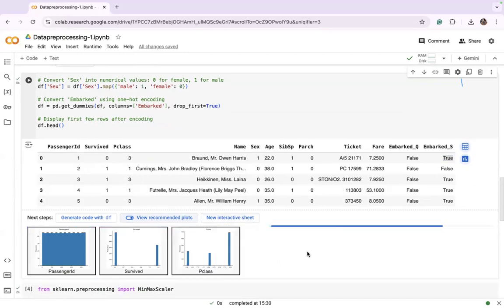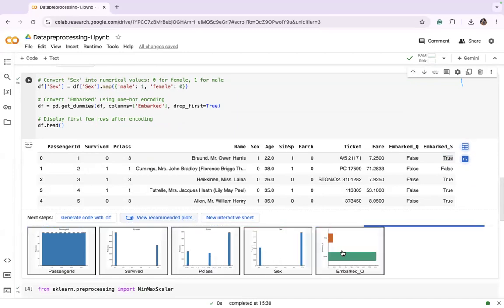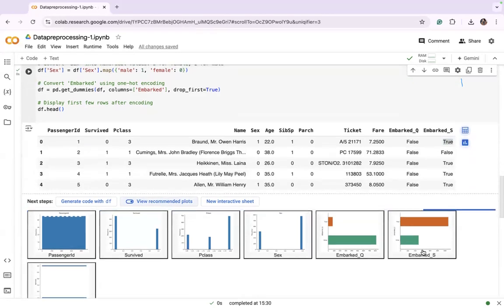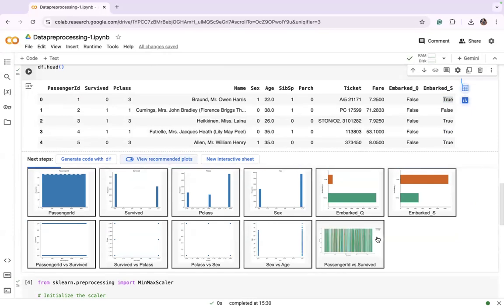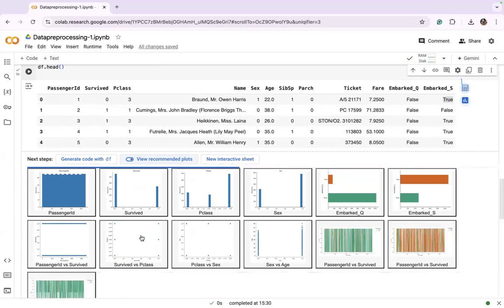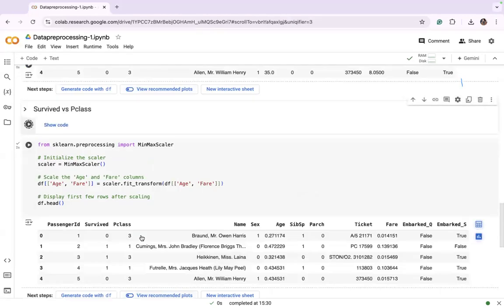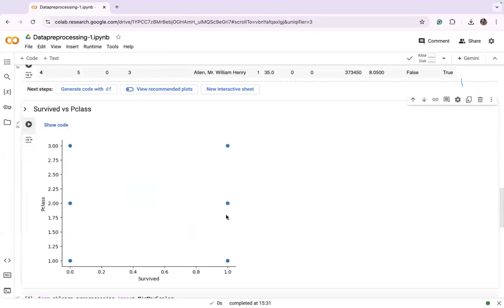I just want to show you one particular graph. Now look at this diagram carefully.